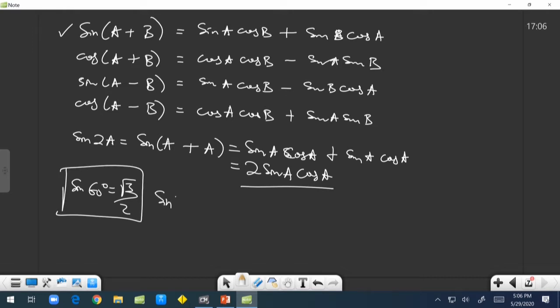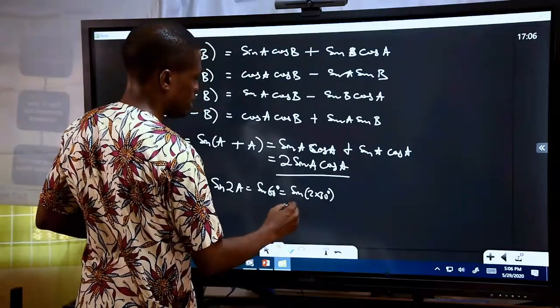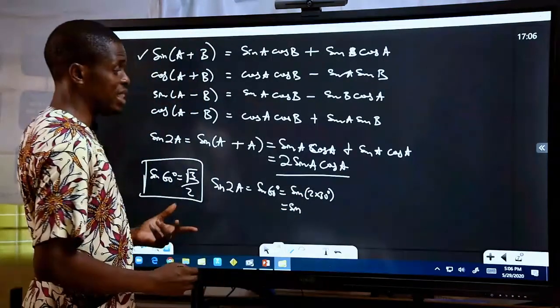Using the sine 2A approach, sine 60 degrees is equal to sine 2 times 30. That is 2A, and that is equal to 2 sine 30 cos 30, so your A becomes the 30 there now.